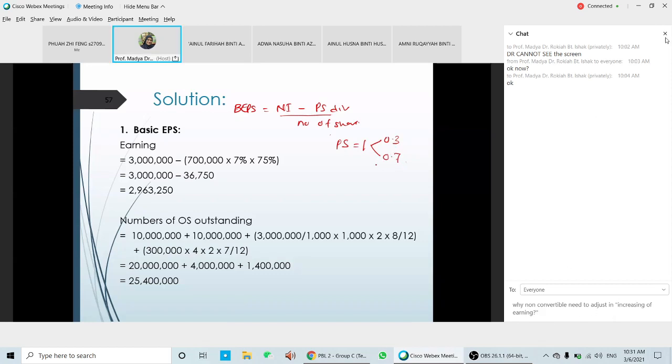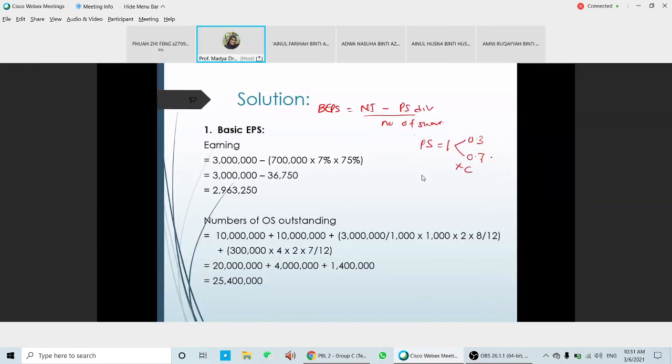The conversion date was on 30th of May. The ones that are converted, you do not hold the shares until the end of the year, until 31st December. So you are not entitled to a dividend.